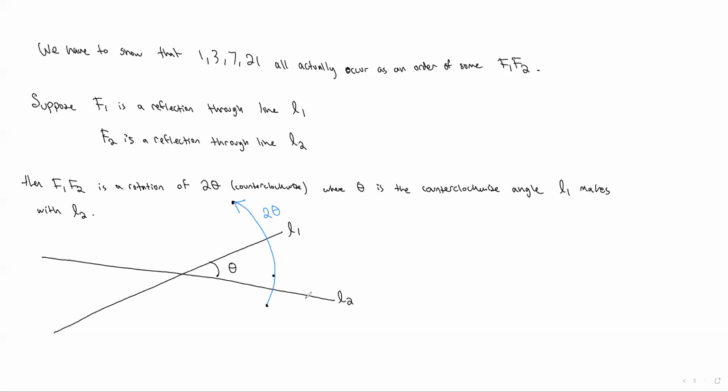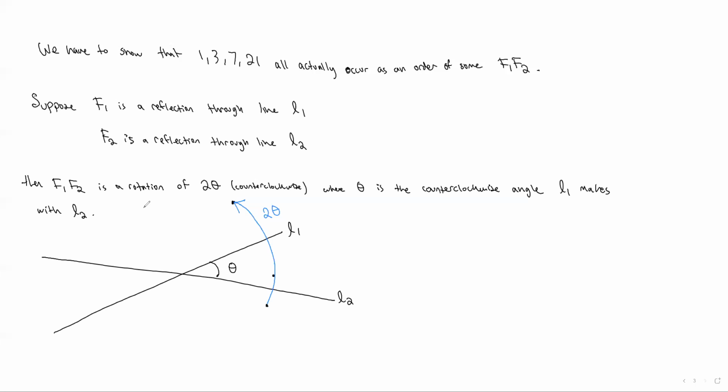Is it important that you get the angle right? Let's say I took the angle L2 makes with L1, then I would get pi minus theta. So yes, it is important that you pick the right angle. Make sure you look at the angle L1 makes with L2 and not the angle L2 makes with L1.